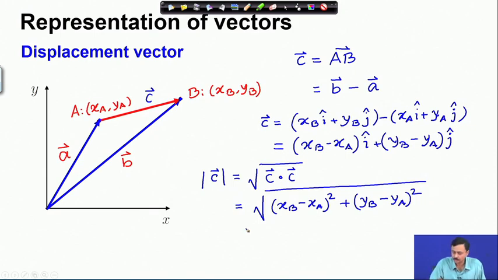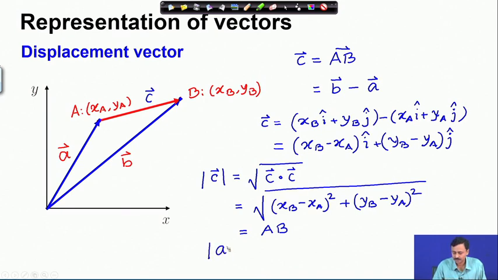So, this is equal to the length AB. So, you can also find out the magnitudes of vectors a and b.